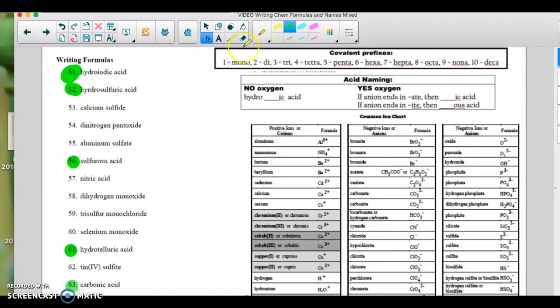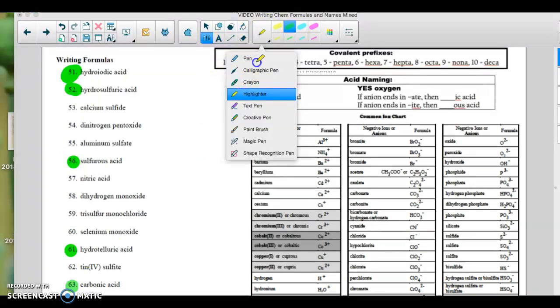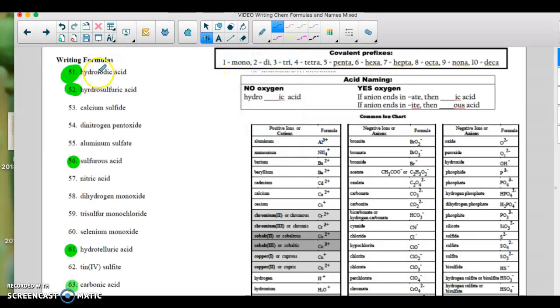So when I'm doing that, now I'm going to think, okay, now I have to go backwards. So this is hydro, and then iodic acid. Has hydro, so no oxygen. It's an acid, so we know it has hydrogen, always, first. Iodic sounds kind of like iodine, or iodide, the ion.